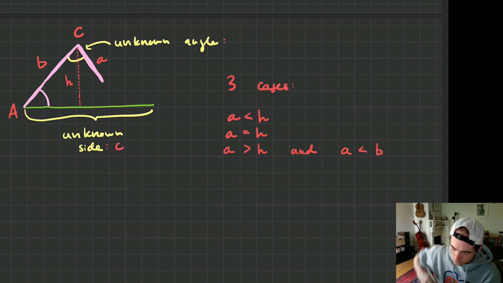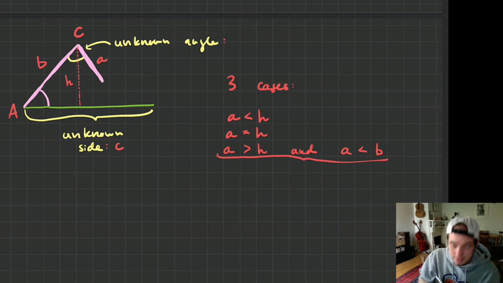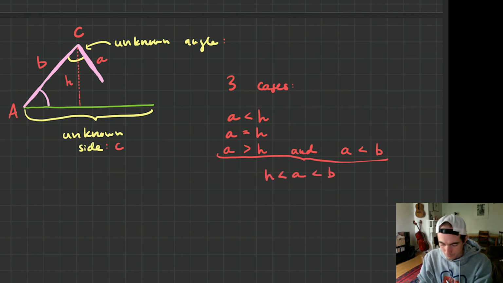In other words, if we wanted to condense this into just one line, we could say that h is less than a, which is less than b. So those are our cases. So yeah, let's see what we can do.